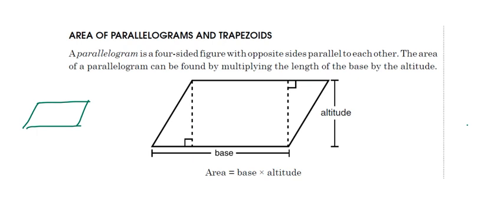The area is just B multiplied by H, where H is the height or altitude. If we cut this and put it here, we get a rectangle, right?